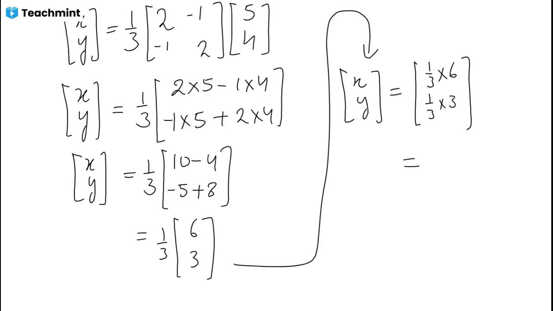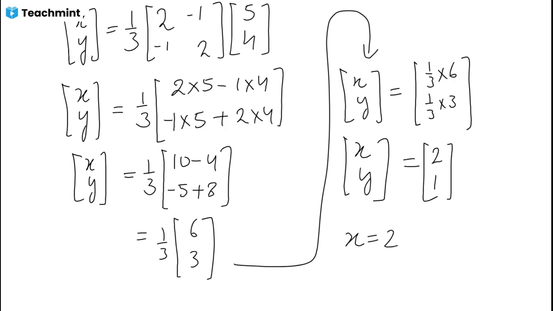So obviously we have 2 and 1 here. Just compare the elements on both sides. The first element x is equal to 2 and the second element y is equal to 1. So x is equal to 2 and y is equal to 1, and this is the solution.